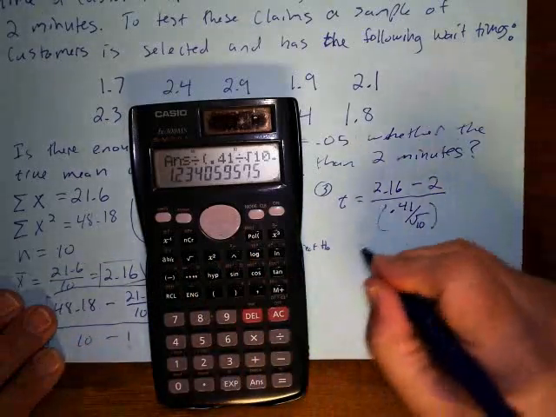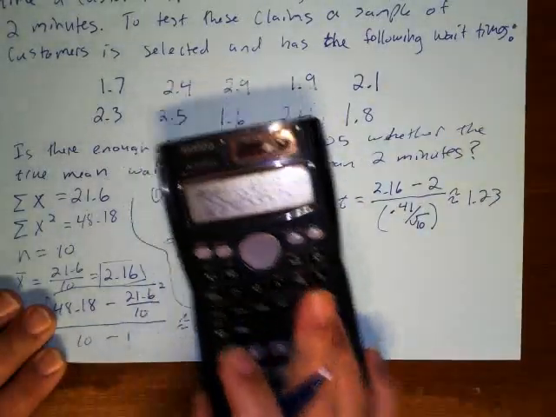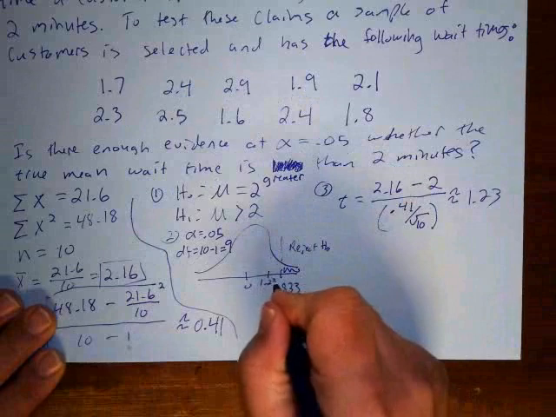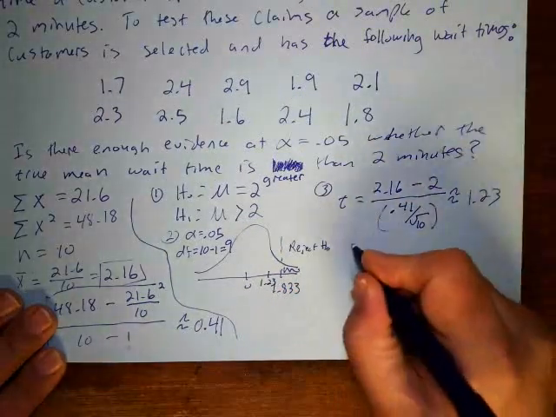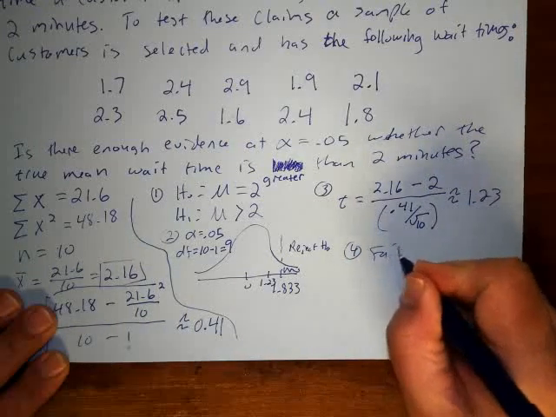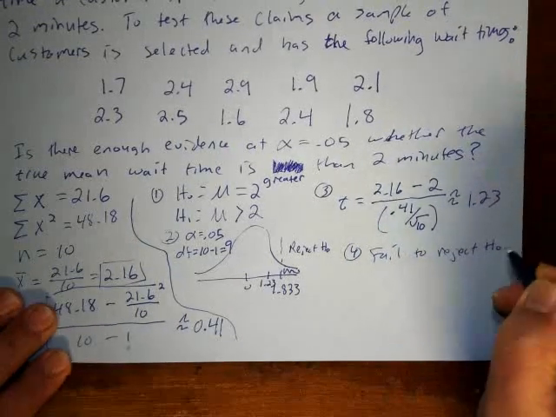And it looks like I get approximately 1.23, and that does not lie in the rejection region. Okay, so I'm going to fail to reject H0.